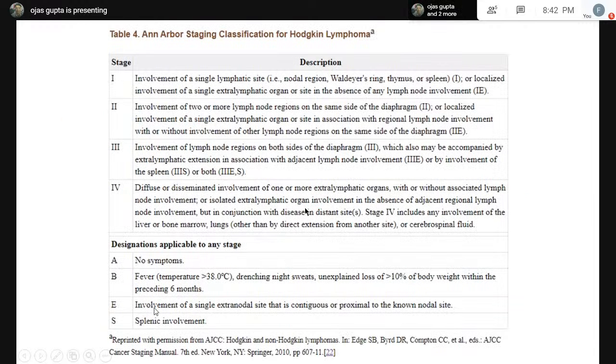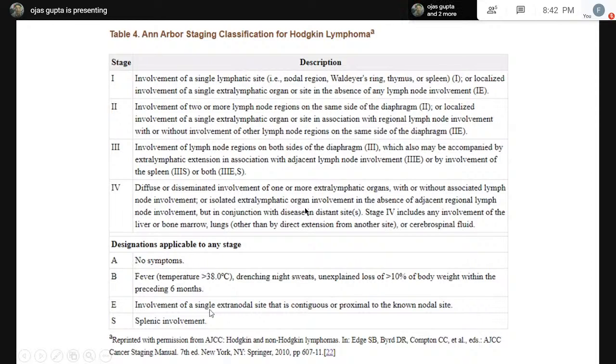And so this was the Ann Arbor staging, which was given previously for Hodgkin's lymphoma. It has 4 stages, but it is important to see these alphabets. A means no symptoms, B means presence of 3 symptoms, that is fever with temperature more than 38 degrees Celsius, drenching night sweats, unexplained loss of more than 10% of the body weight within the preceding 6 months.